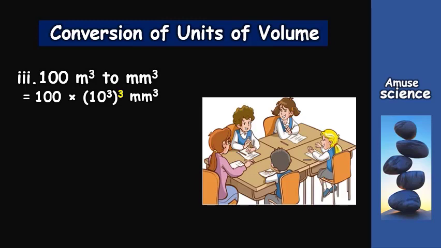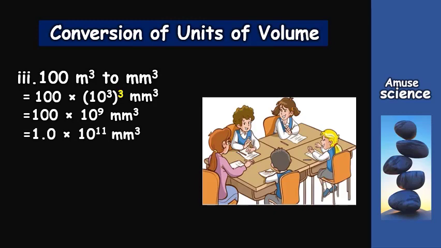Applying indices, we are going to have 100 times 10 exponent 9 in millimeter cube. Writing our answer in standard form, we are going to have 1.0 times 10 exponent 11 cubic millimeter. Now our fourth one for the first question is 100 cubic meter to the liter.